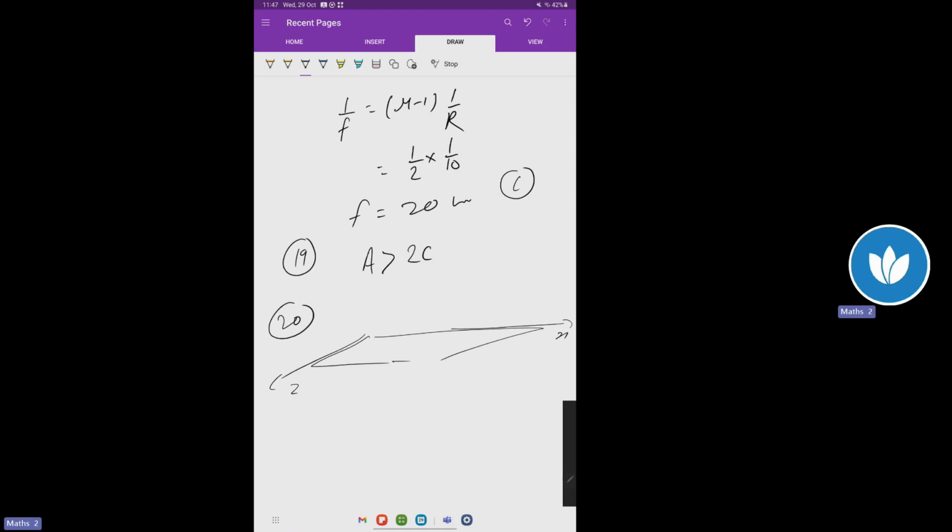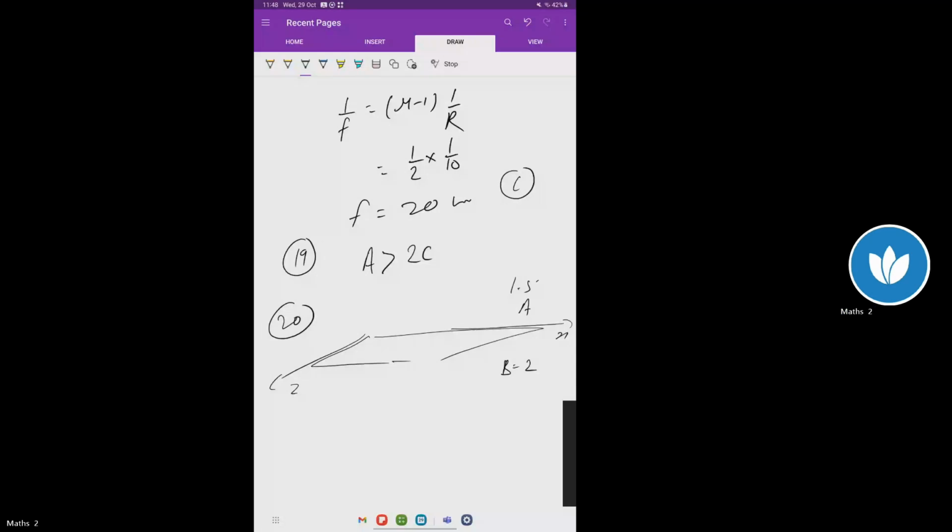A ray of light travels from A to B. The incident ray and the reflected ray are represented by unit vectors, this and this.